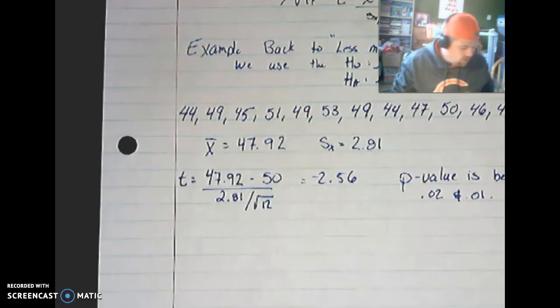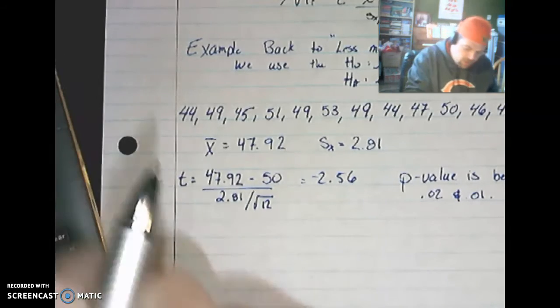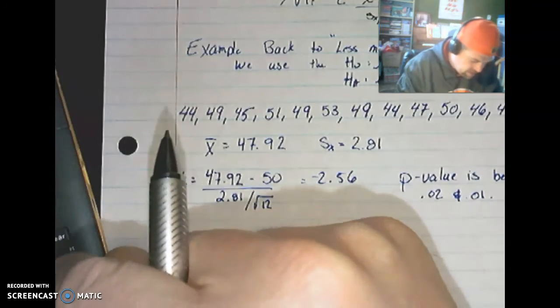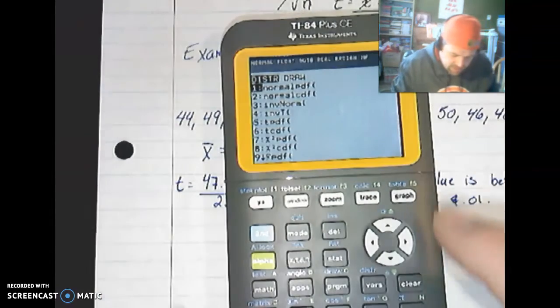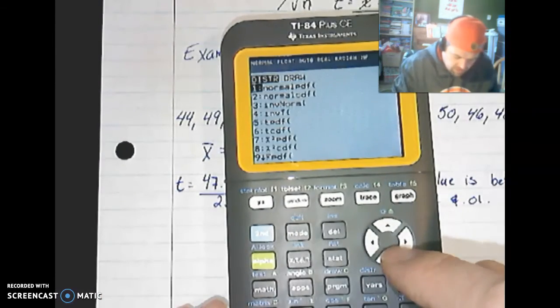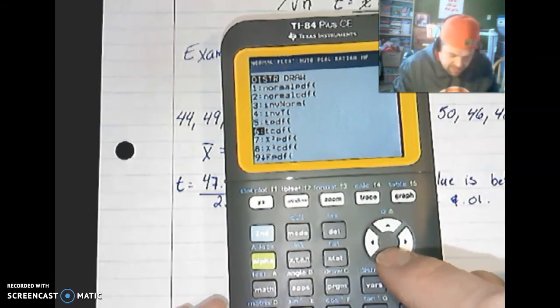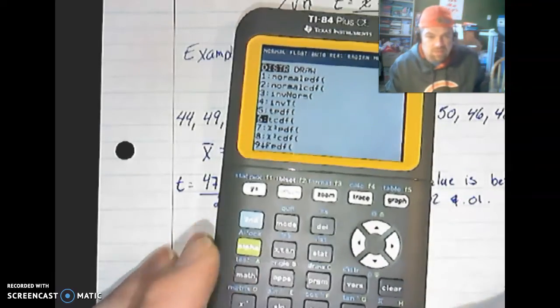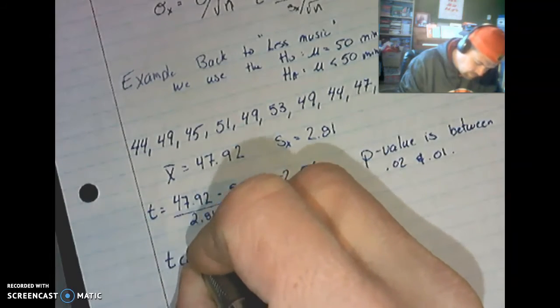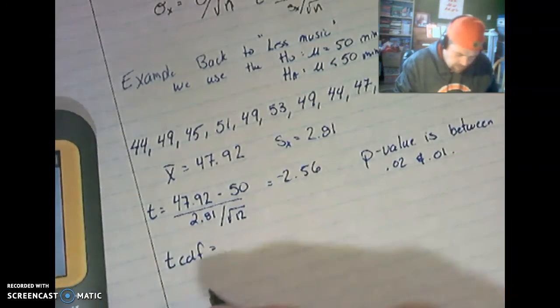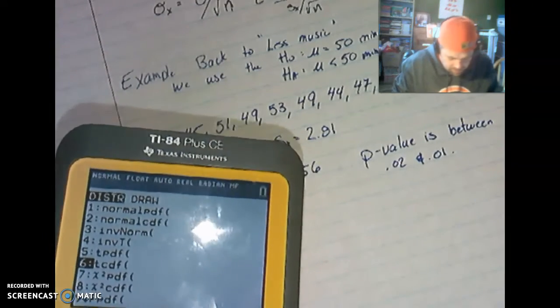The next thing we're going to do is use our calculator. I'm going to go second distribution and down to tcdf. Sounds like something from Star Wars. Then I hit enter.